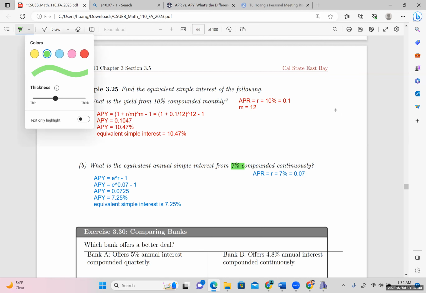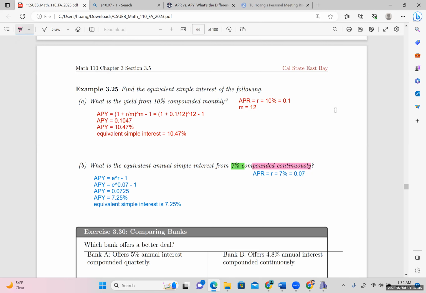So we have to use the continuous compounding formula for APY, which is e raised to R, minus 1. And after doing that, you must have the equivalent simple interest of 7.25%.